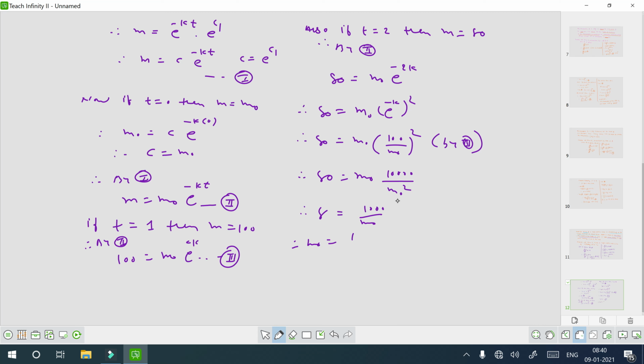So m0 is equal to 1000 by 8. So 100 into 10 over 4 into 2. Here you get 25. Clear? Into what? 5. See, initially the mass will be 125 gram. Yes, it is 125. M0 is 125. Yes, okay.